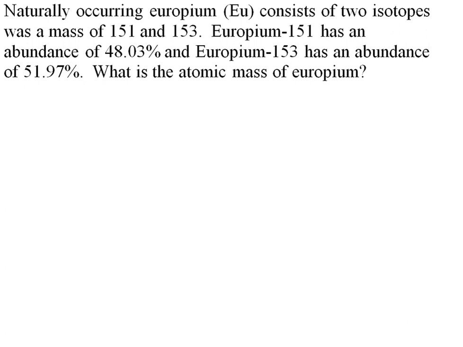So what this means is that of all of the europium in the world, or in nature, 48.03% of it is 151, and 51.97% of it is 153. So what we'll do is take our percentages and divide by 100, or move the decimal over to the left two places, whatever is easy for you to remember.